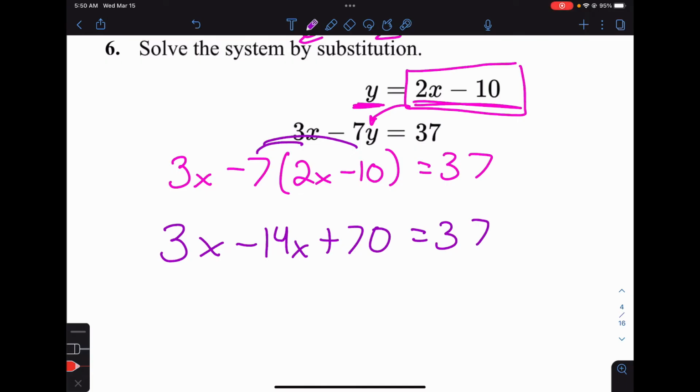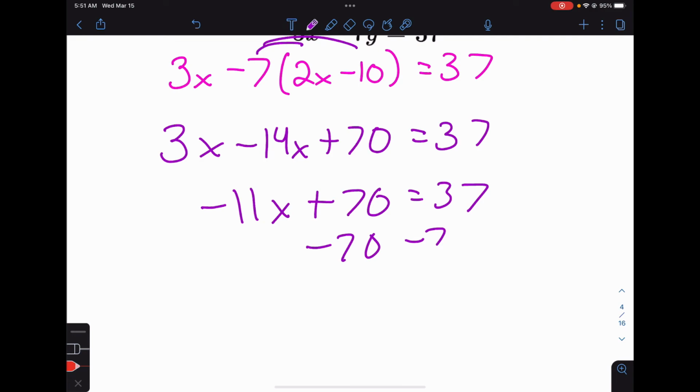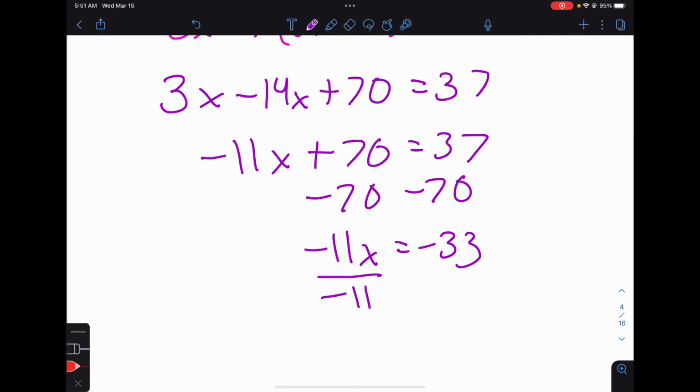So we're going to do 3x minus 14x, which is going to give us negative 11x, plus 70 equals 37. And then we should do 37 minus 70. We get negative 11x equals negative 33. We divide by negative 11, and we get that x is 3.